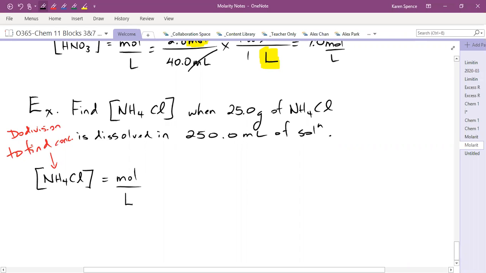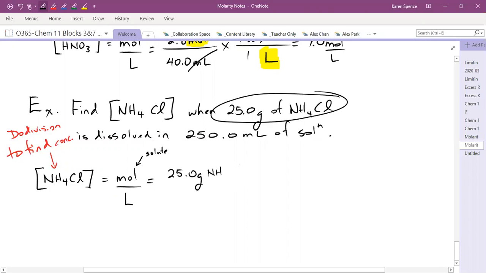And we're going to start by doing this in one line, and then if you want me to, I can show you how to do it broken down into a couple steps. Remember that this is moles of solute. And what do I know about my solute? I actually don't know the moles. What I do know is that I have 25 grams of it. So I'm actually going to put my 25.0 grams NH4Cl on the top.